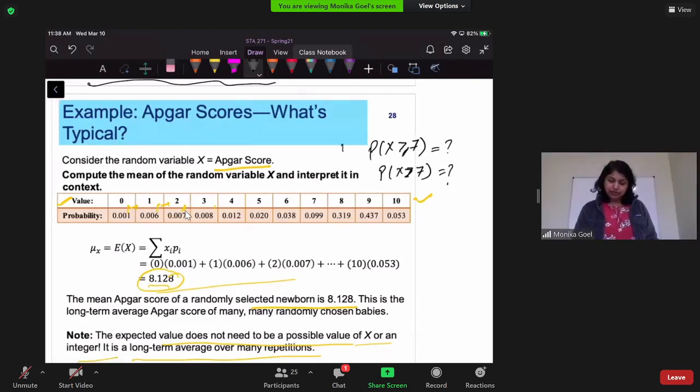Greater than or equal to 7, because you included 7 here also. But here we say greater than 7, so 7 is not included. So we are talking about only 8, 9, 10. So we are missing this part. So in discrete, this equal sign, less than or equal, greater than or equal, matters because it will change your answer.